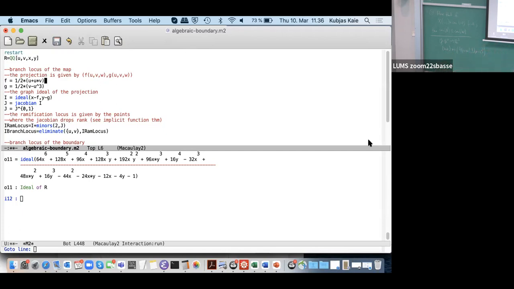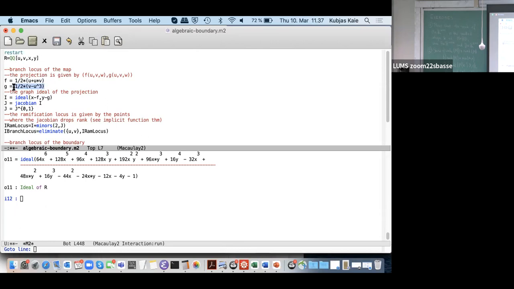Okay, so we'll start with doing this computation, how to find the algebraic boundaries of the example in the morning. Let me recall, we are considering the unit wall in R2, and then we are considering the image of this unit wall under this polynomial map that maps u and v to 1/2 u plus u times v and 1/2 v minus u cubed.